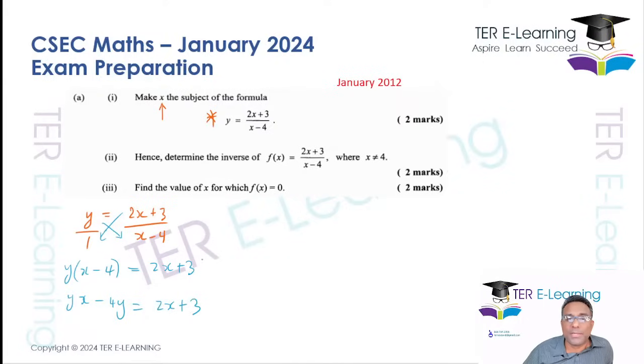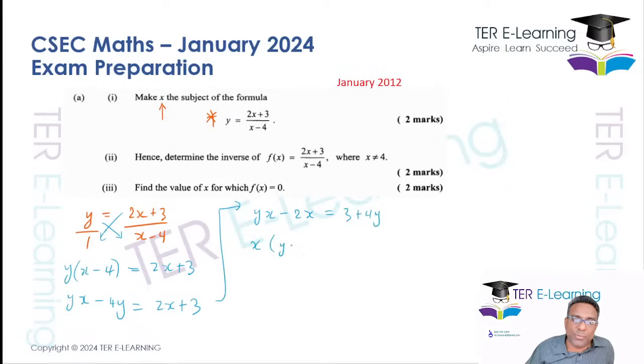Right? Now we're not done yet because you want to make x the subject of the formula. So you're going to bring all your x's to one side. So you're going to have yx minus 2x is equal to 3 plus 4y. On the left-hand side now, because you have two terms in x, you're going to factorize this.